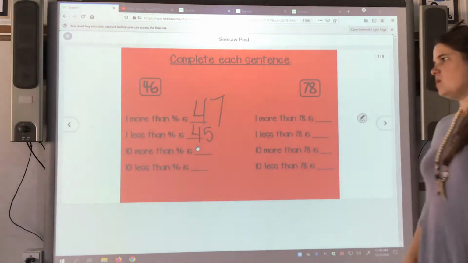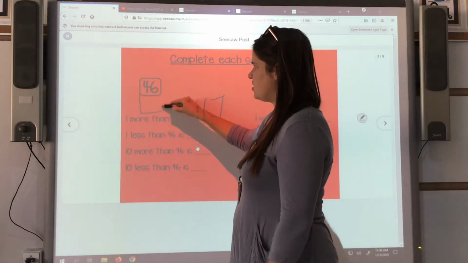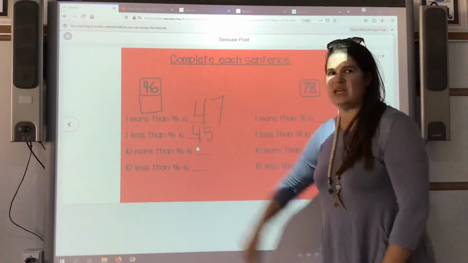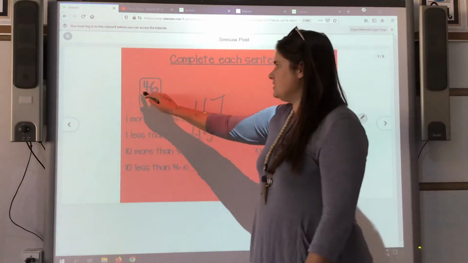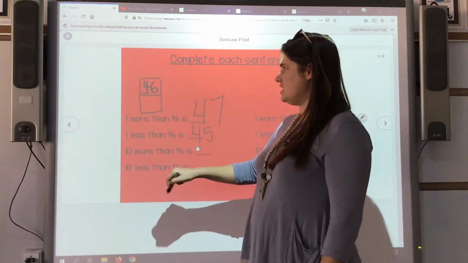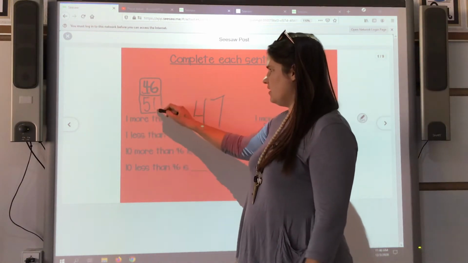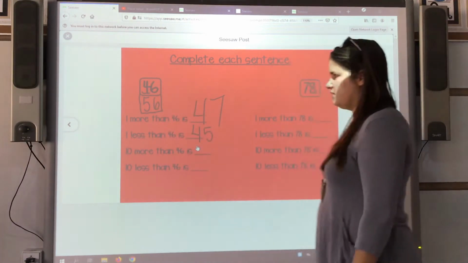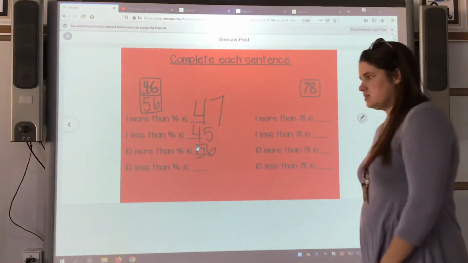Now 10 more. When I do 10 more, I go below. If you're looking at your hundreds chart at home, I look at the box below our magic number, and I need to add 1 10. So I have 4 10s here. If I add 1 10, and I bring down the 1, so 10 more than 46 is 56.